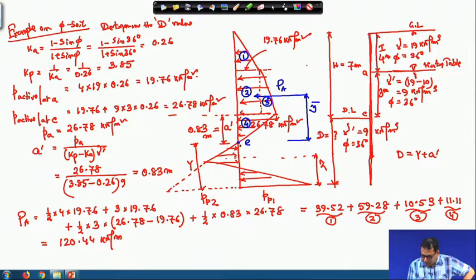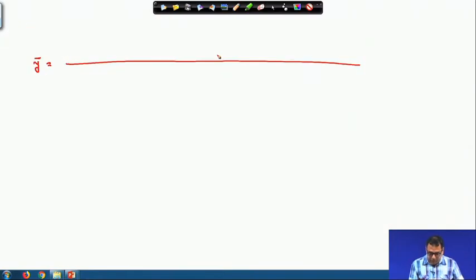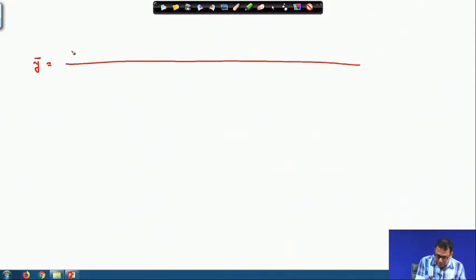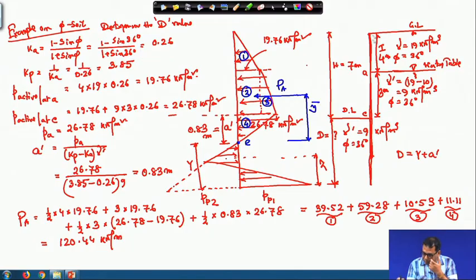So, the y bar will be 0.83 plus 3 meter plus 4 by 3. So, I can write that the first force is 39.52, then the lever arm is 0.8 plus 3 meter plus 4 by 3. This is for the first part.